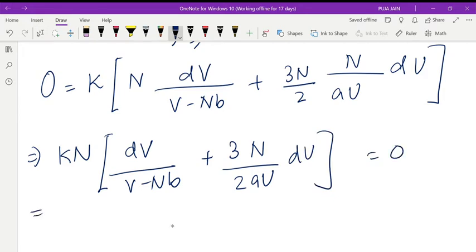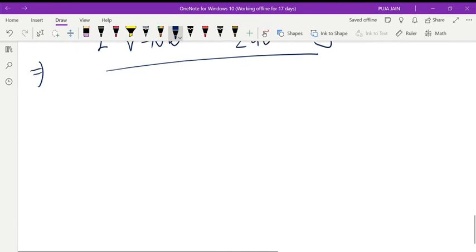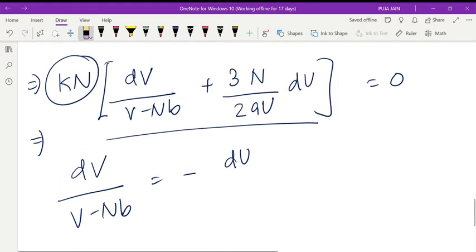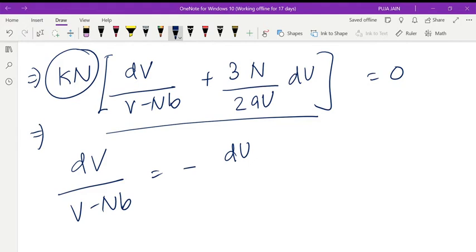Obviously this k cannot be 0, so this will be 0. So I am writing dV by (V minus nb) is equal to minus dU by 3N by 2aU.